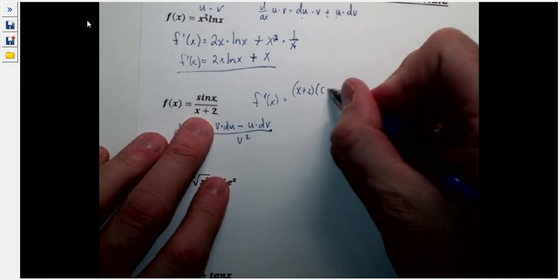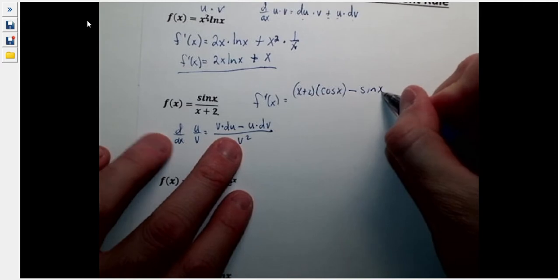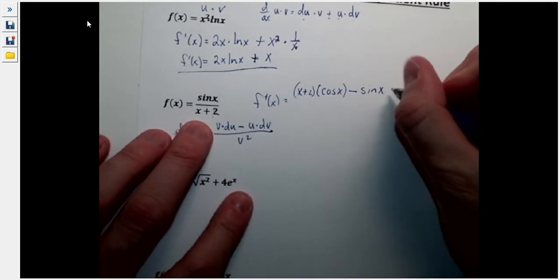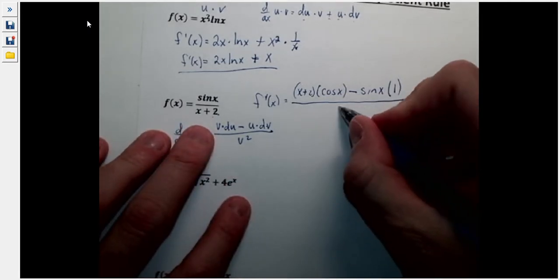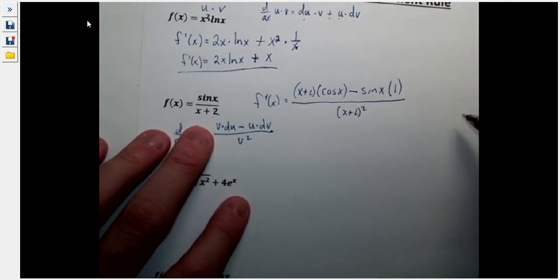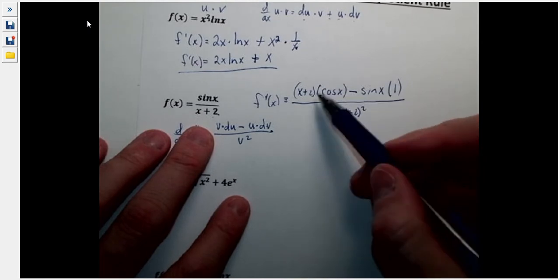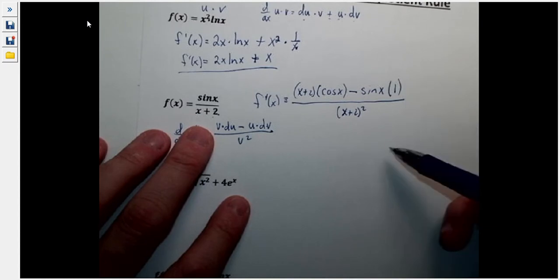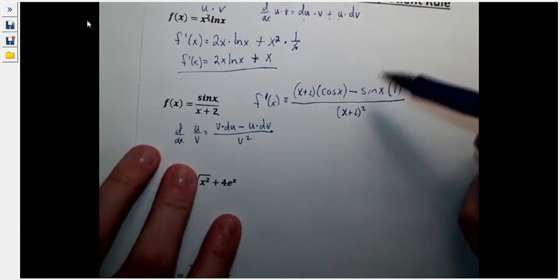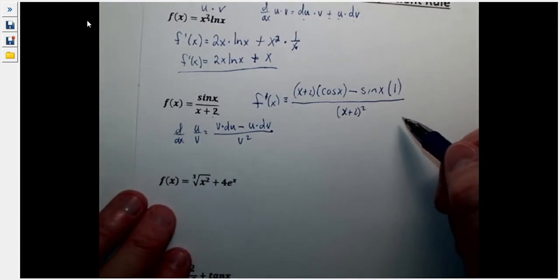The derivative of sine is cosine minus sine x times the derivative of x plus 2, which is going to be 1, all over x plus 2 squared. Okay? And of course, we could simplify, we could just multiply the x plus 2, and we get that minus sine x. But since it didn't actually ask us to find the simplification, it just said find the derivative, we are done. That is the derivative.